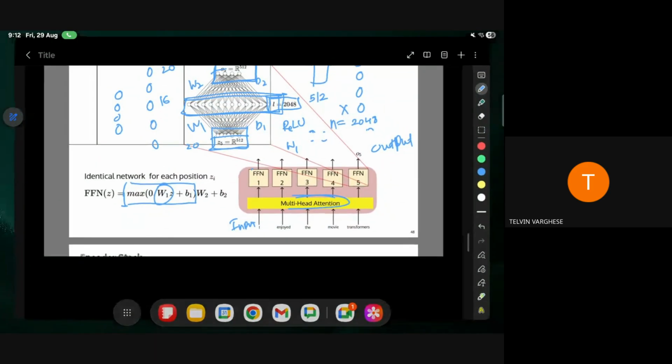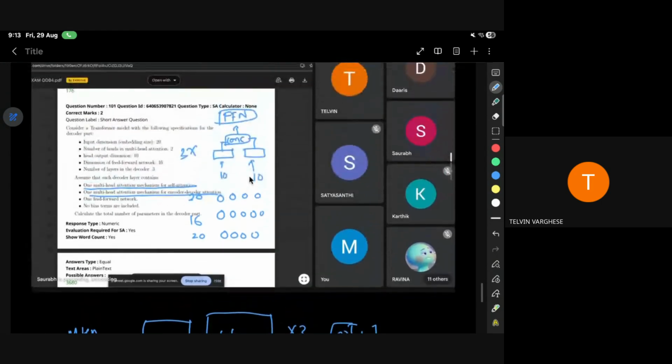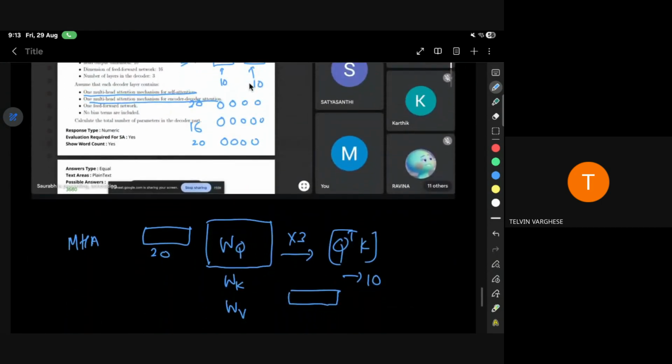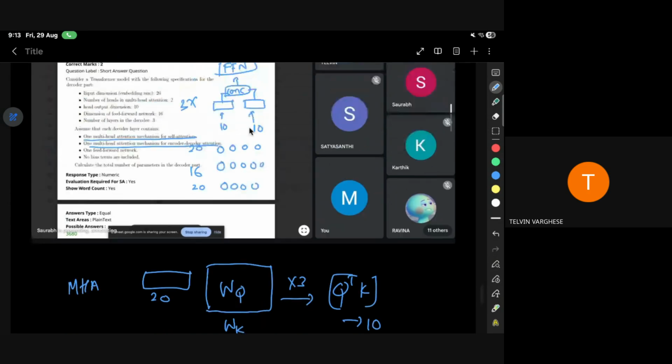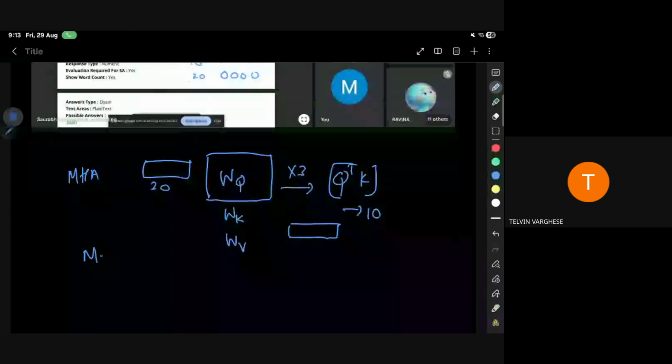Yeah. So see, the question which we are solving has, I know it is an incorrect answer, because in the previous term also we resolved it, but it has a different answer. Now the thing is, we are taking multi-head self attention and multi-head cross attention, and both of them have two heads, right?